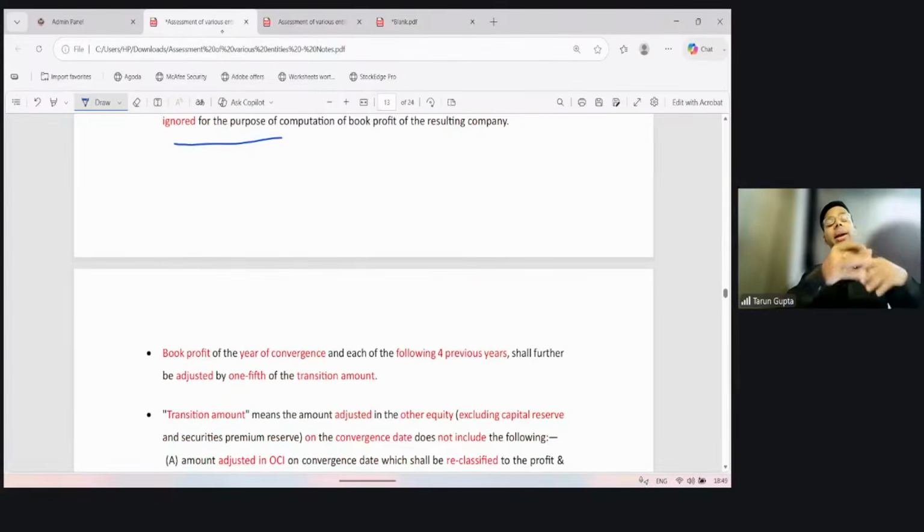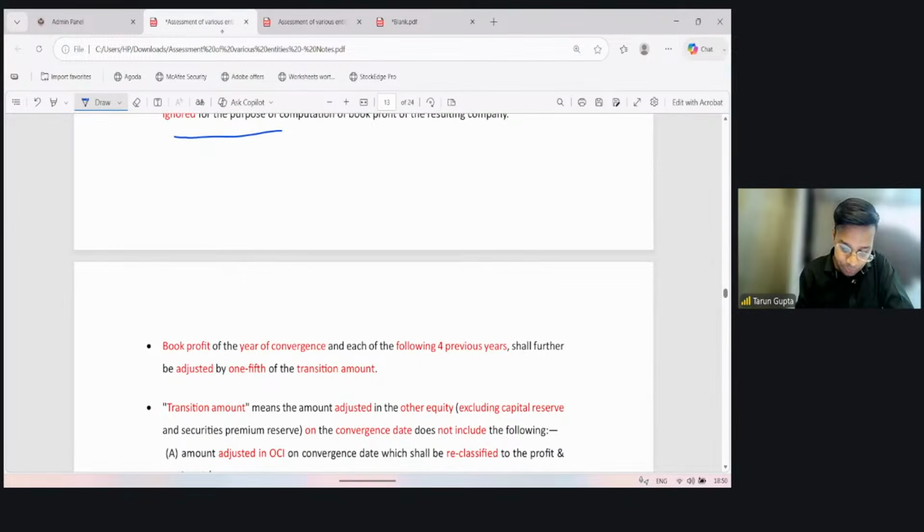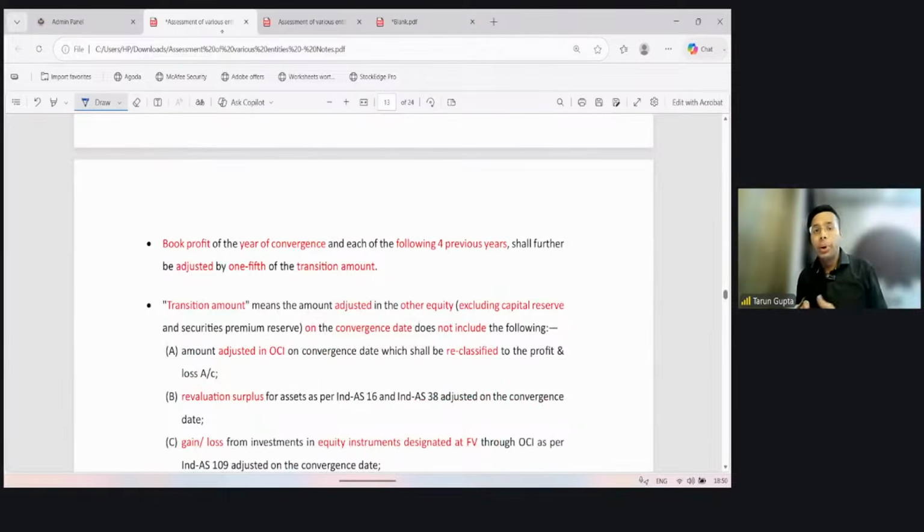So if the resulting company has changed the value of the assets of the undertaking received by it, then any adjustment because of such change shall not be liable for MAT. So this was the continuing adjustment.